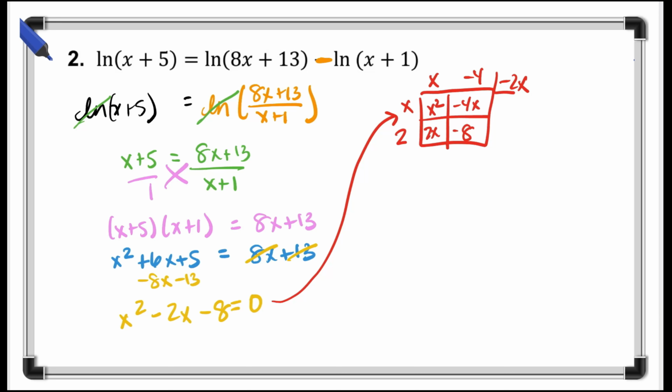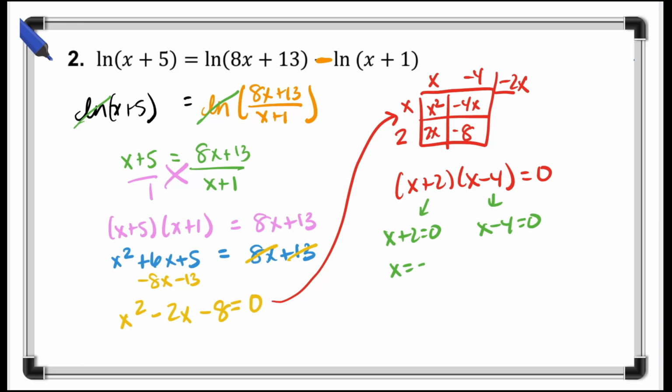So this would get you a negative 2x and would multiply to negative 8. So my two factors are x plus 2 and x minus 4, still equal to 0. So we're going to keep carrying that along with us here. Now we're going to set each factor equal to 0 so that way you can solve. And your answer will be negative 2 as well as a positive 4.